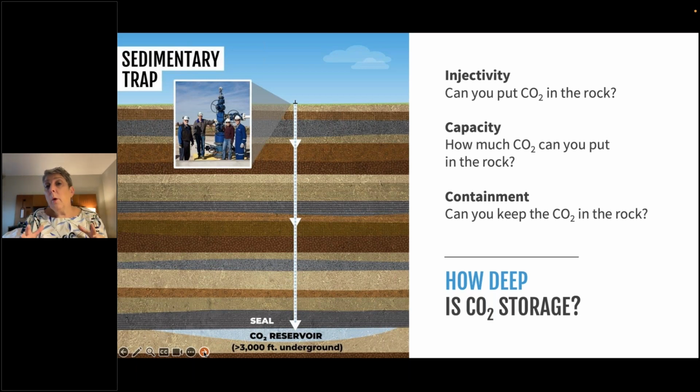We're looking for one rock that can hold carbon dioxide, so something like a sandstone where you have those grains of sand connected in 3 dimensions, you have pore space that holds something already, and then something above it like a seal. So that's a different rock type, such as a shale, that is impermeable and doesn't have pore spaces, so nothing really can pass through it.